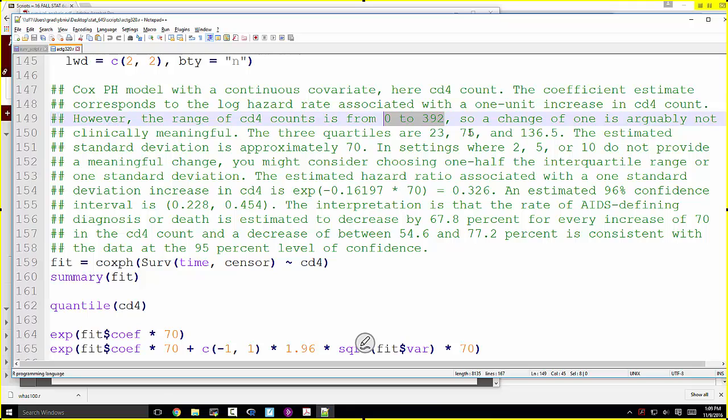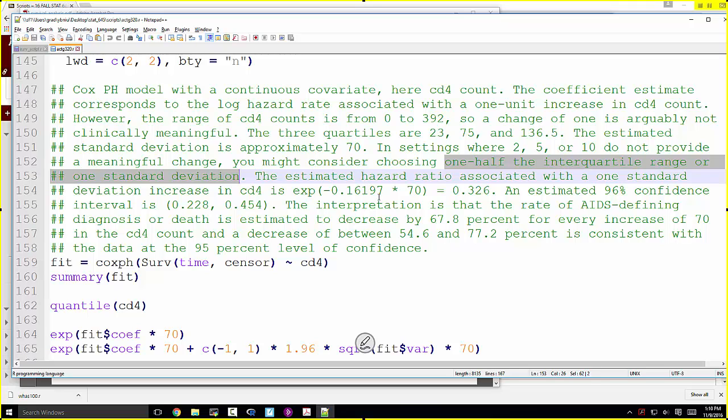For these CD4 data, the 3 quartiles were these values. Standard deviation was 70, and one of our books that was mentioned in the syllabus recommended using 1/2 the interquartile range, or 1 SD, as the target transformation.